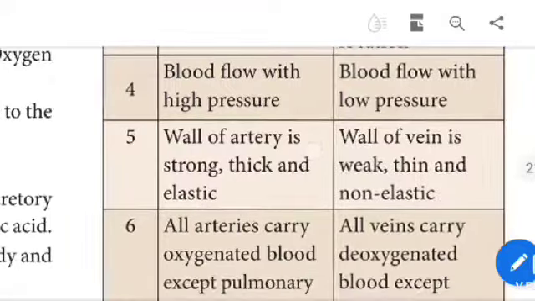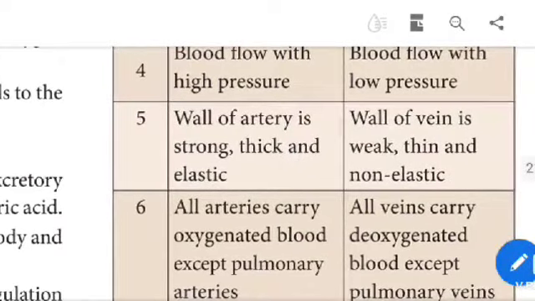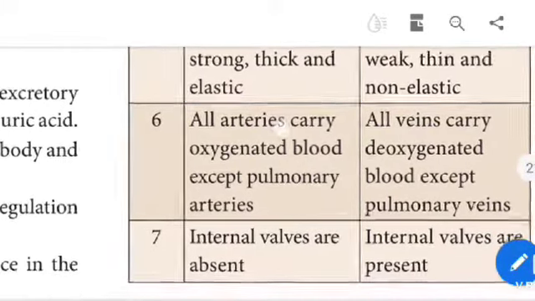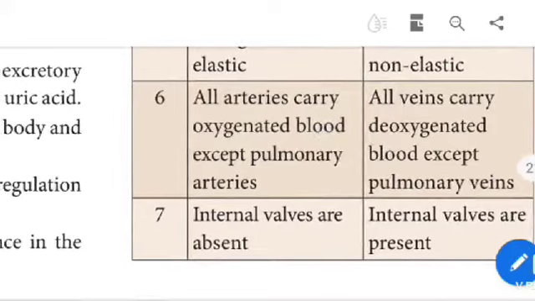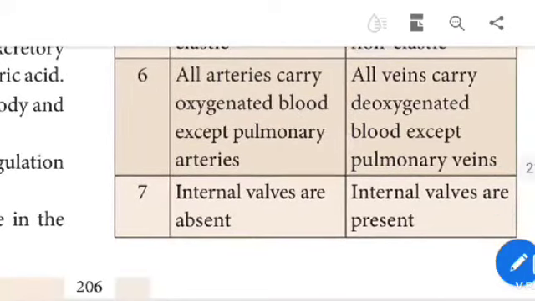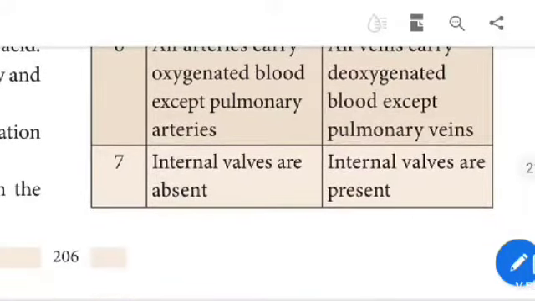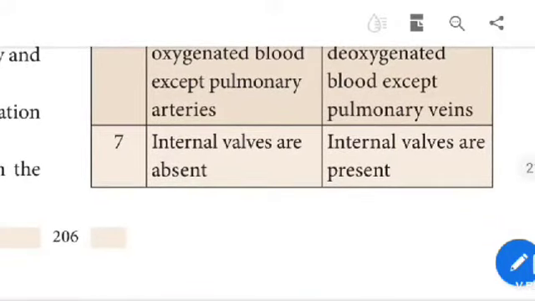The wall of an artery is strong, thick and elastic. The wall of a vein is weak, thin and non-elastic. All arteries carry oxygenated blood except pulmonary arteries. All veins carry deoxygenated blood except pulmonary veins. Internal valves are absent in arteries and present in veins.